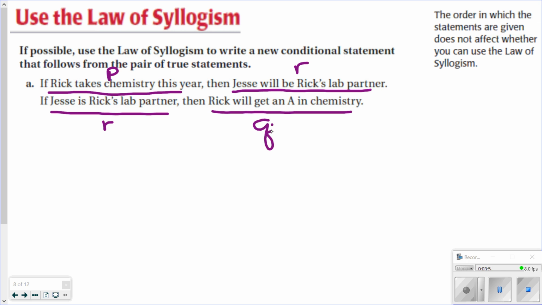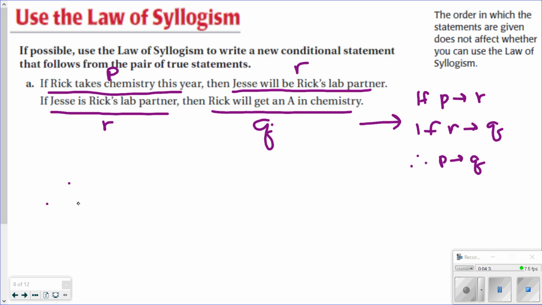All right, so from the previous slide, we learned that if P, then we know R is going to occur. If R, then we know Q is going to occur. Therefore, and I'm going to put these two dots, those dots mean therefore, if P occurs, we then know that Q is going to occur. All right, if we look at our original sentence, if P, then R. If R, then Q. That matches our law of Syl.